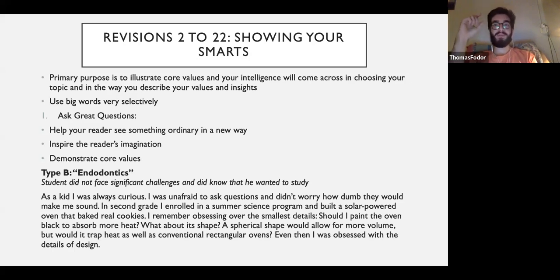And so we get how this prods your reader into seeing things in a new way and inspires the reader's imagination. But what it also does is it demonstrates this author's core value of being detail-oriented and curious. And he begins his essay by saying, "As a kid, I was always curious."